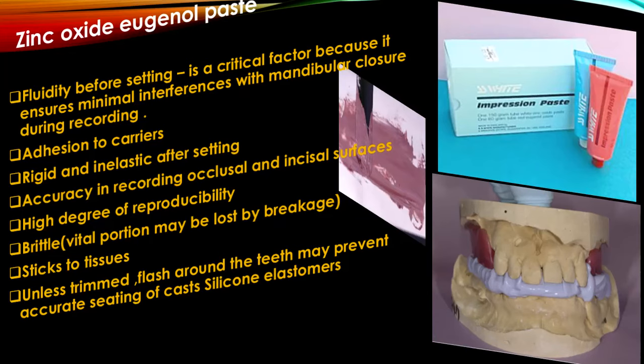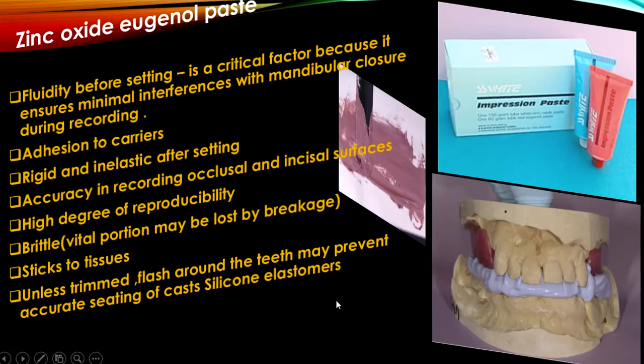Zinc oxide eugenol طبعا هذا يجي based on catalyst system. We mix it, then we apply on the occluding surface, then we ask the patient to close so to register the interocclusal relation.